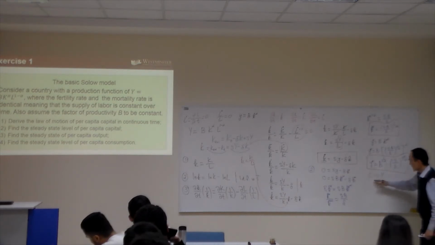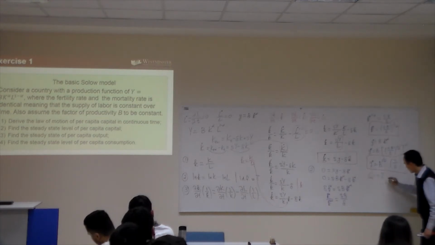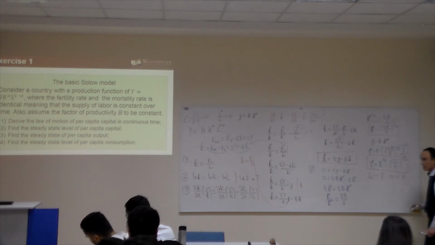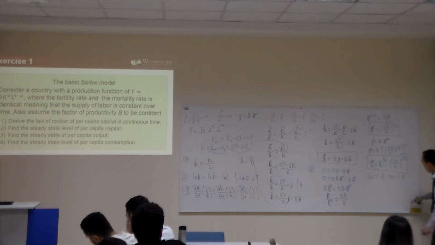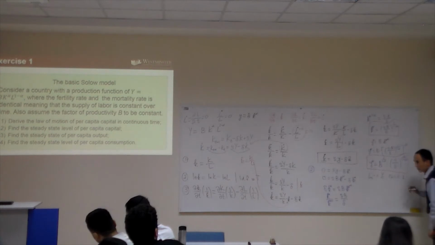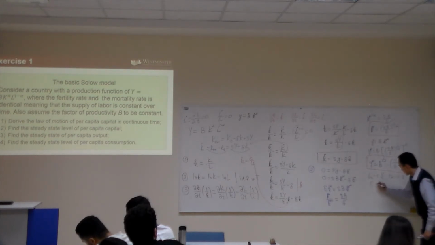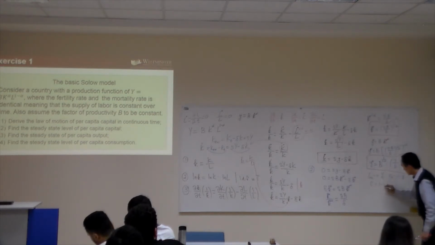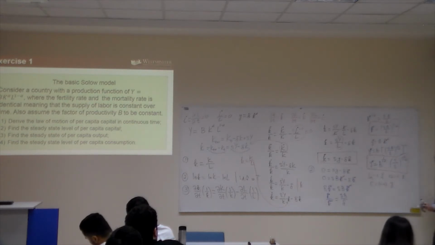If you divide both sides by labor, you will get consumption per capita is equal to consumption rate times output per capita. The consumption rate is equal to 1 minus saving rate, times per capita output.